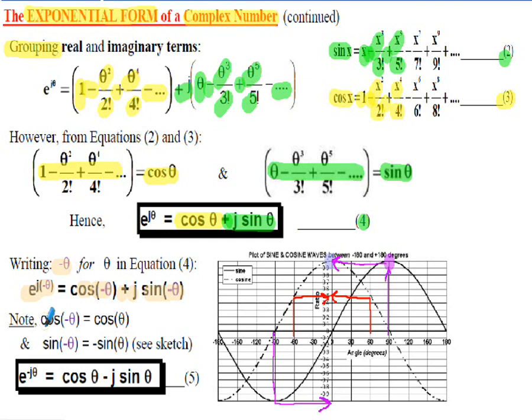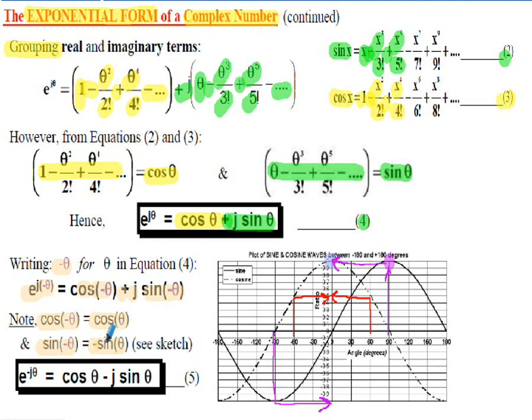So what we're saying here, when we have a cos of a negative angle, that's the same as a cos of a positive angle. But if we have a sine of a negative angle, that's actually the change in sign of the sine of the positive angle. So in other words, sine of minus 90 degrees is negative 1, but sine of 90 degrees is positive 1.